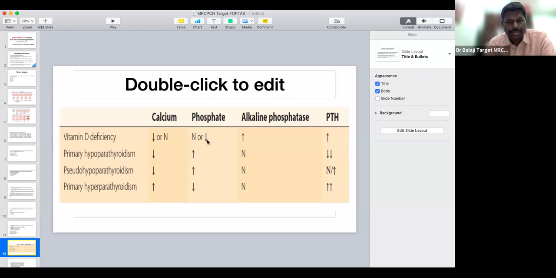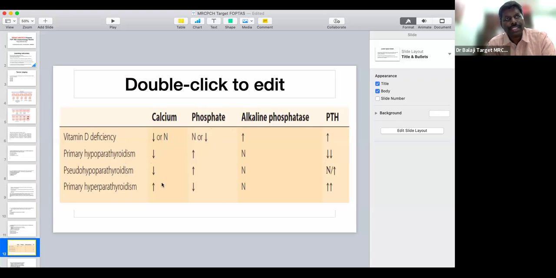Initially, the phosphate will be low, followed by calcium being low. So in vitamin D deficiency, to start with, calcium can be normal. So that's an important point we should keep in mind. With regards to parathormone, we should understand that calcium and phosphorus will go in the opposite direction. So if you have a scenario where calcium is low and phosphate is high, then that is due to parathormone.